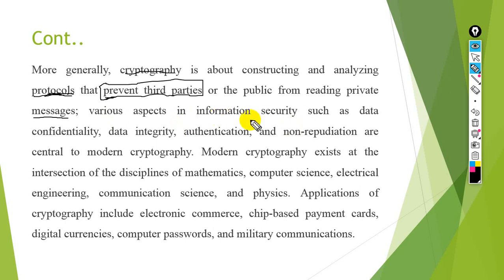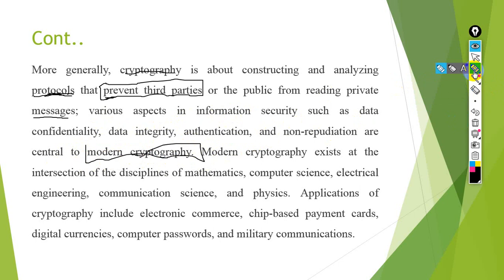Various aspects in information security such as data confidentiality, data integrity, authentication and non-repudiation are central to modern cryptography. So what does it mean? It means that in modern cryptography we can also secure our information system.